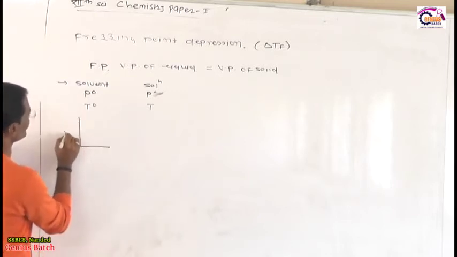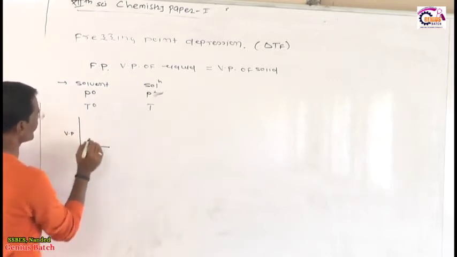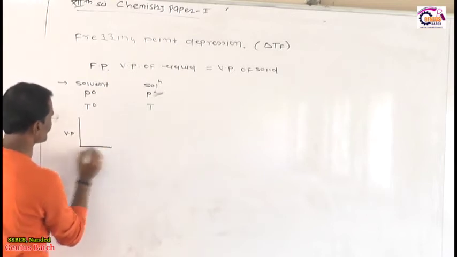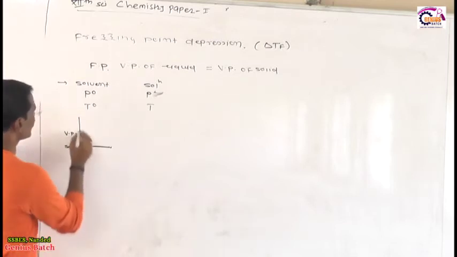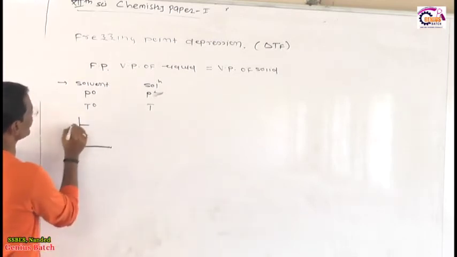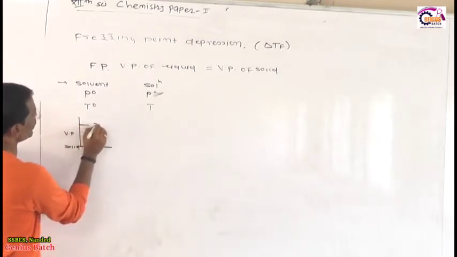Suppose this is the vapor pressure phenomenon, and this is the vapor pressure of the pure solvent. This is P0.